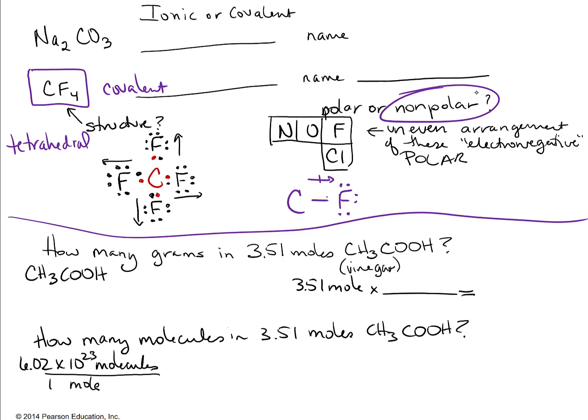Now, if you had the same thing, but instead of having 4 fluorines, you only had 1. What would you say if you saw this? In this one, when you only have 1 fluorine, can you see the electrons would end up on the right side?